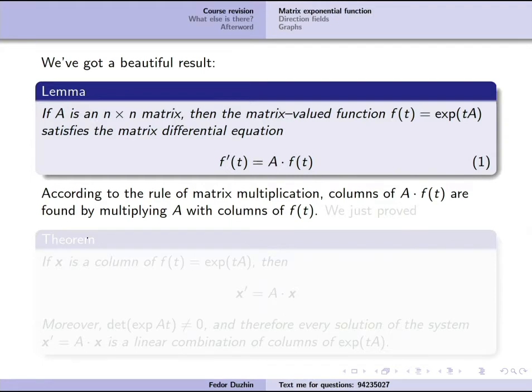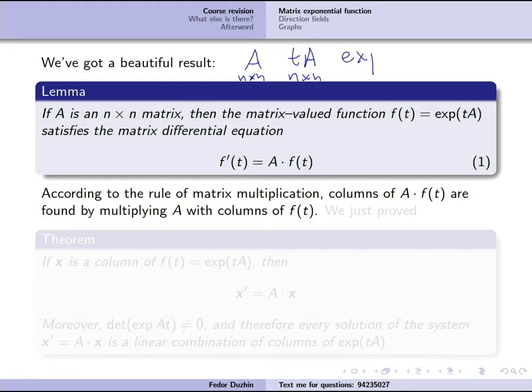But then if you think about it a little bit further, let me mention that A here is an n by n matrix. So tA is again an n by n matrix.